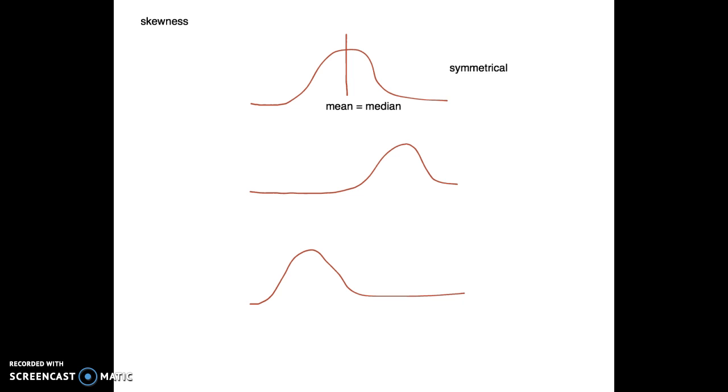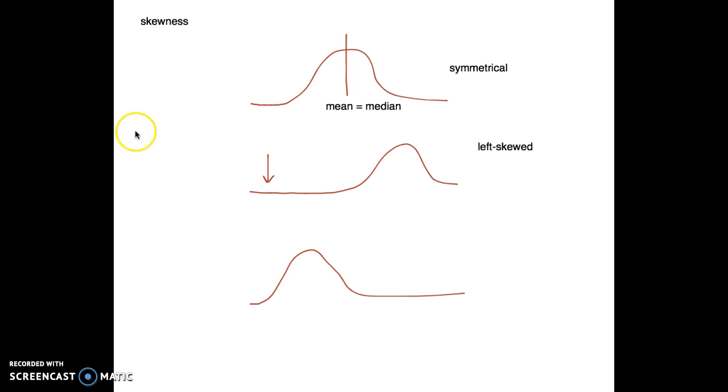And then this next one, it's very tempting to say that this middle one is right skewed because the bump is to the right, and the bottom one is left skewed because the bump is to the left, but it's actually the opposite of that. So this one is left skewed, the second one, and left skewed means that there are left outliers.